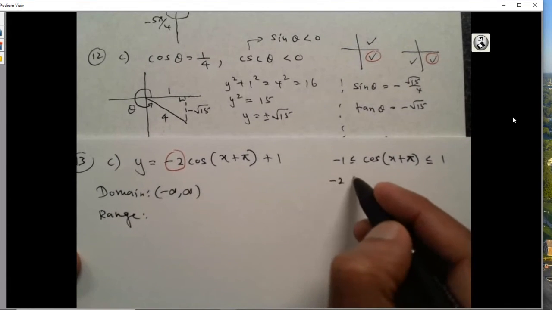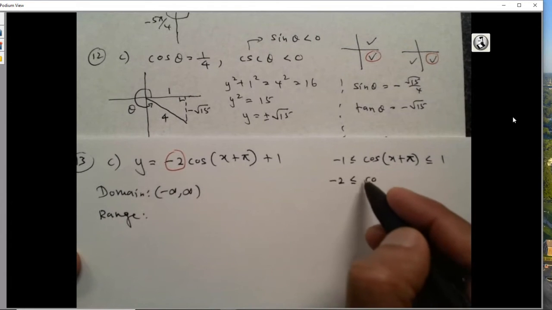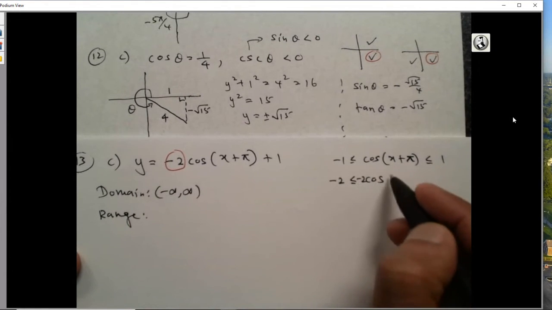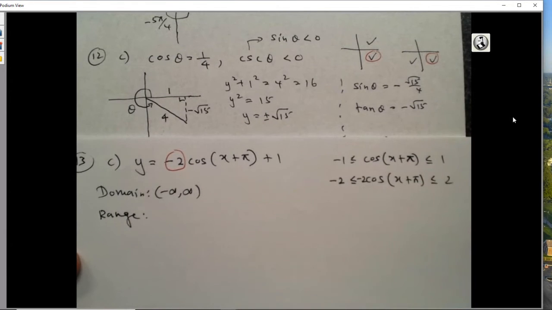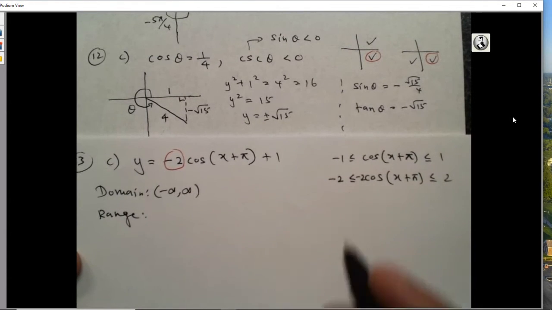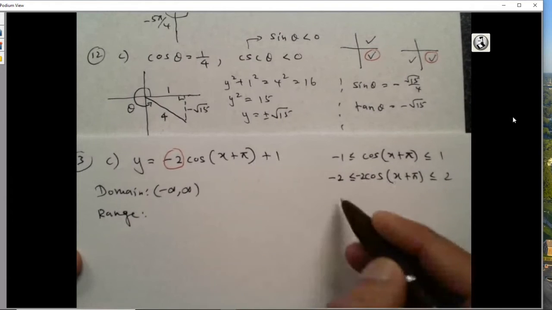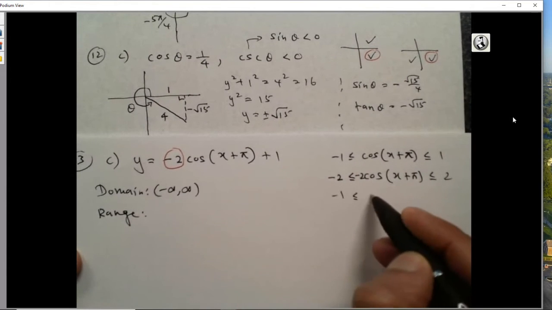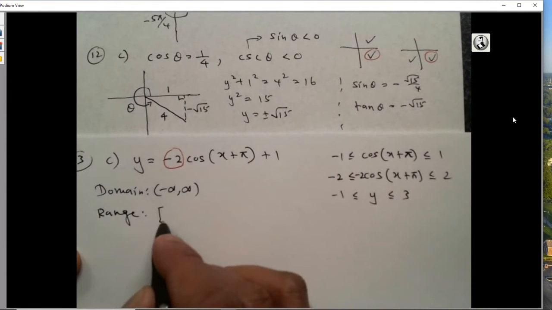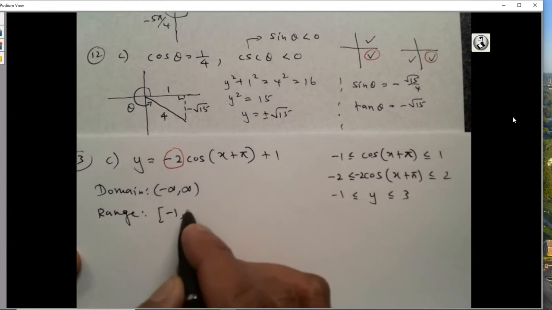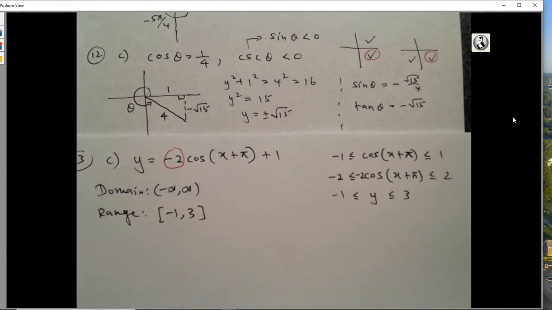That means you can write this as negative 2 less than or equal to negative 2 cosine of (x plus pi) less than or equal to 2, after flipping the sign. Now we can add 1. When you add 1, this becomes negative 1, this is simply y, and if you add, you get 3. So that means the range is from negative 1 to 3. That's a shortcut. You can just do that algebra like that.